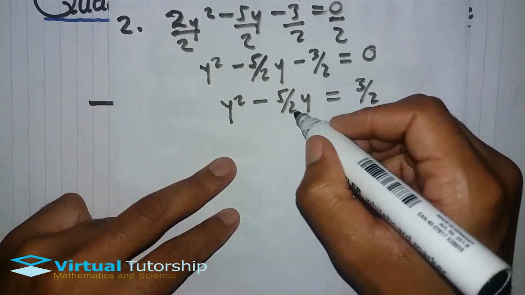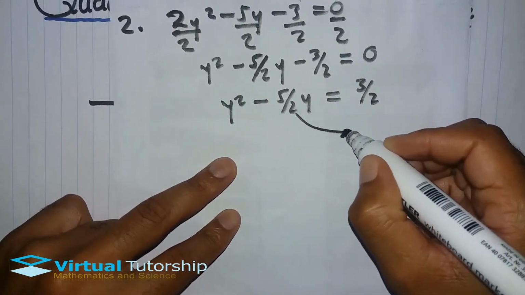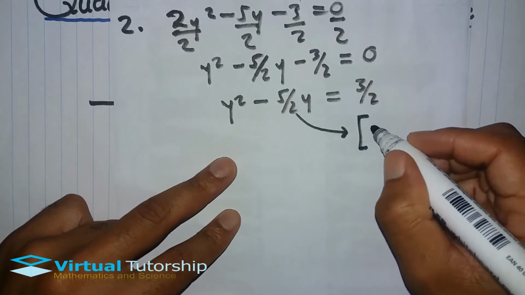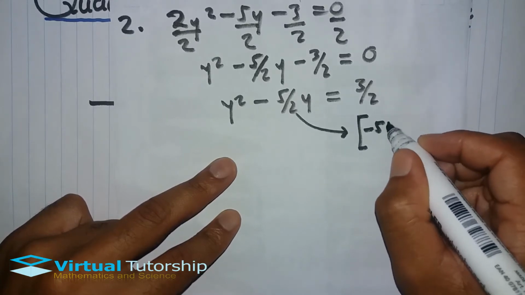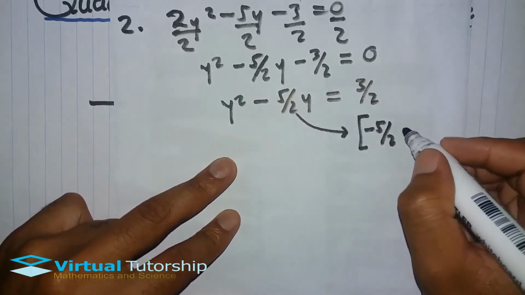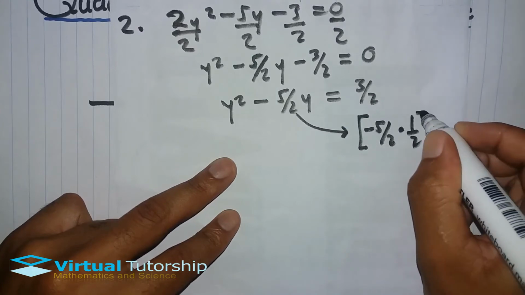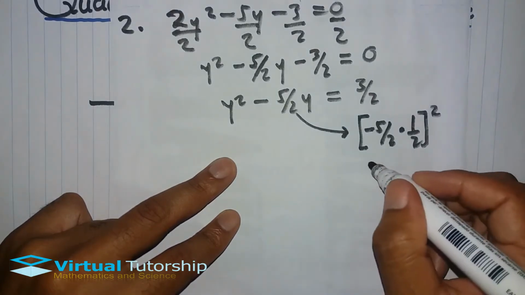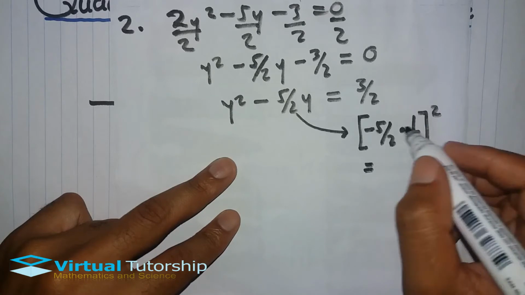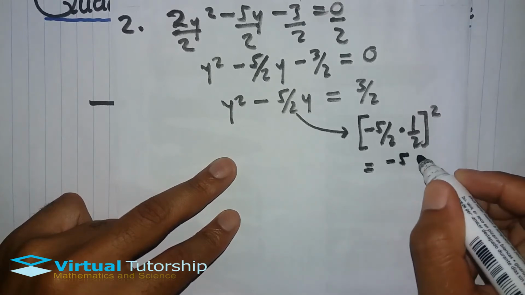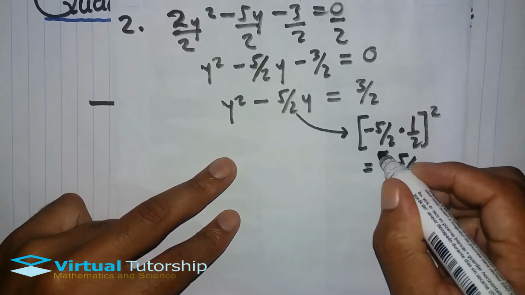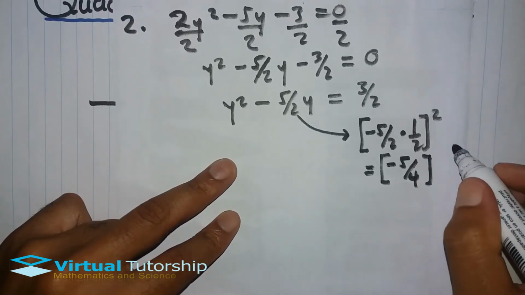Therefore I take my b value and multiply by half, it's minus 5 over 2, I forgot the sign, times a half, all squared. Multiply what's inside the bracket to get minus 5 over 4.